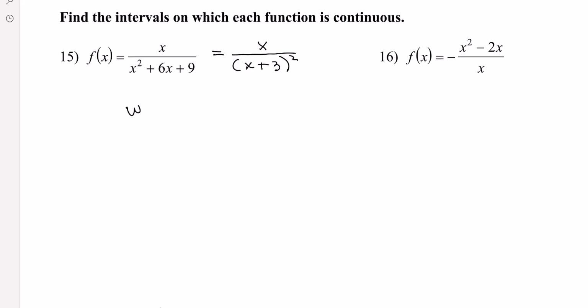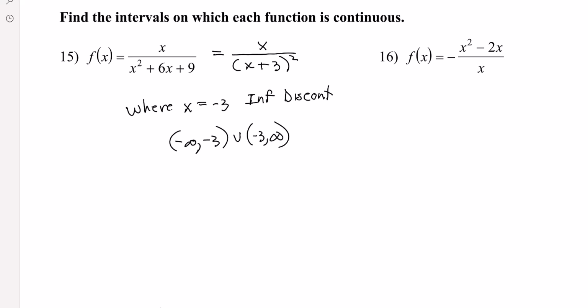So only where x is equal to negative 3 are you going to have essential or infinite discontinuity. And so the intervals are going to be negative infinity up to negative 3, negative 3 to positive infinity.